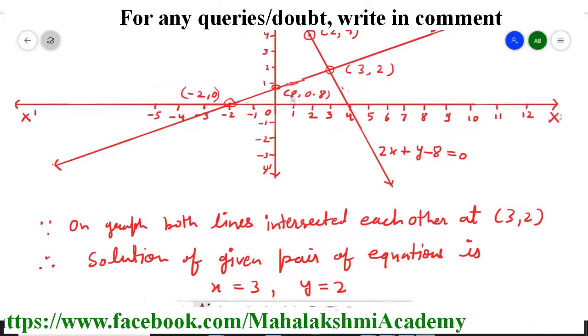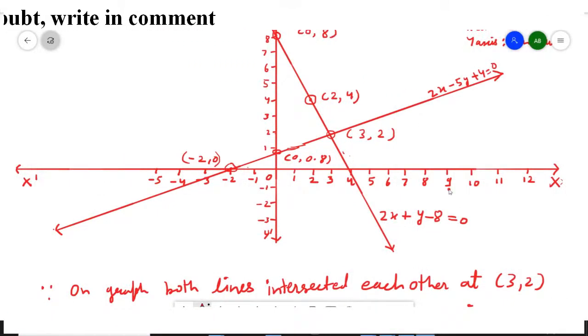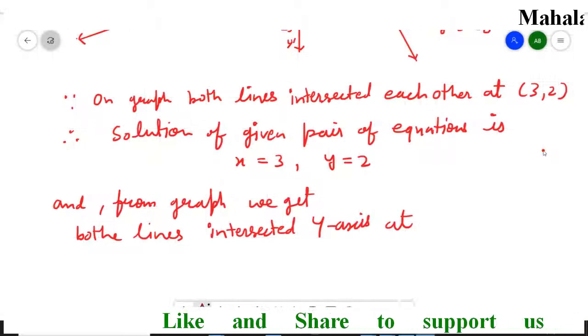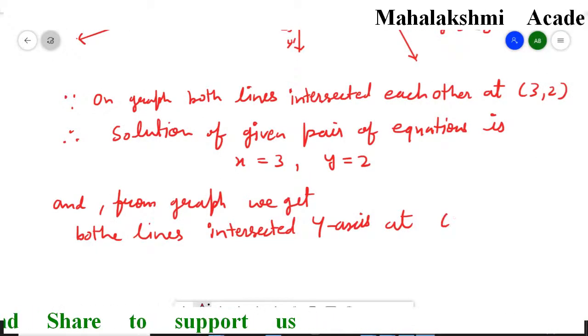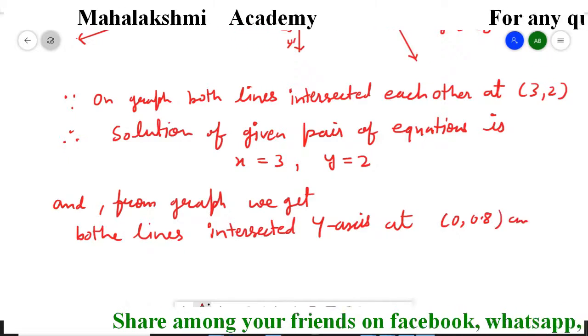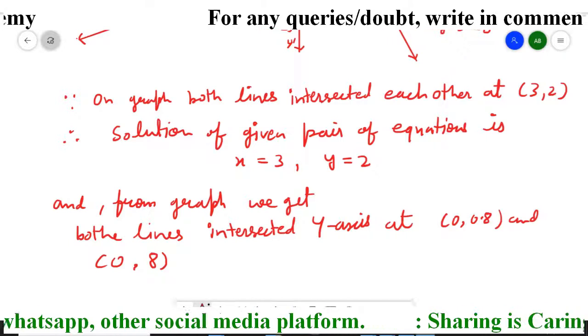So first line intersected at 0, 0.8 and second line intersected at 0, 8. So we'll write that: 0, 0.8 and 0, 8. So that's our answer.